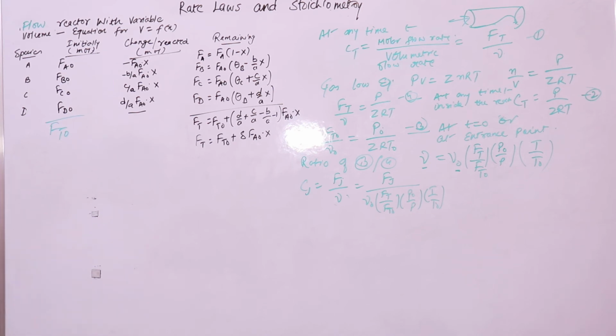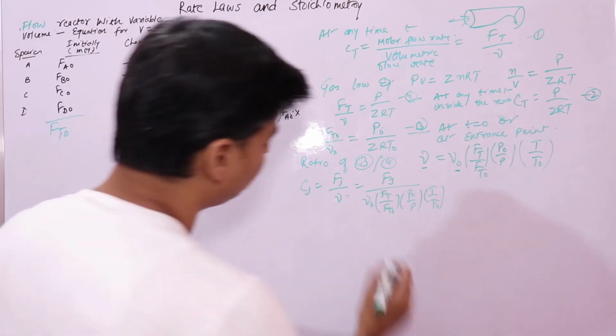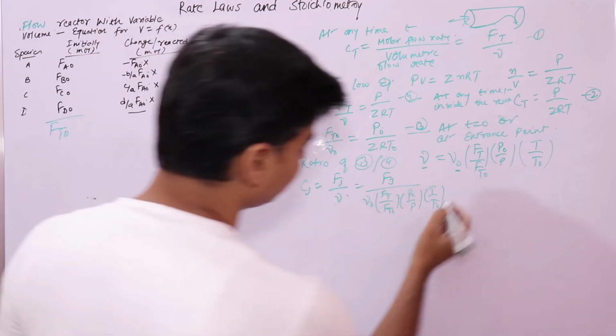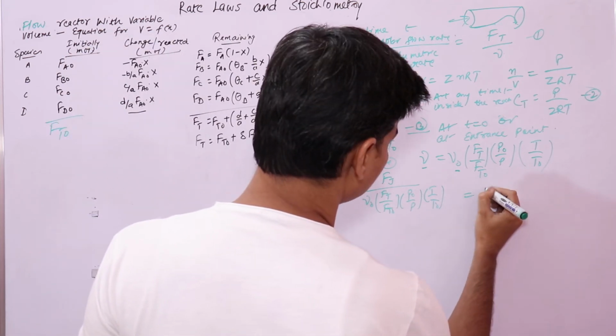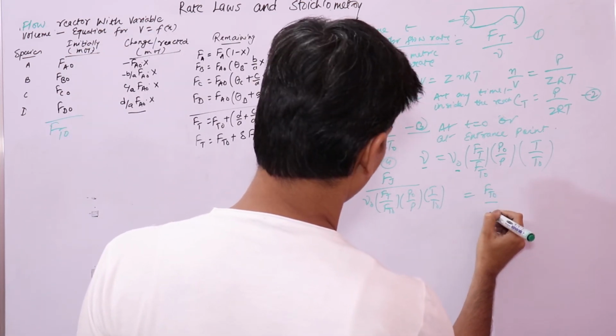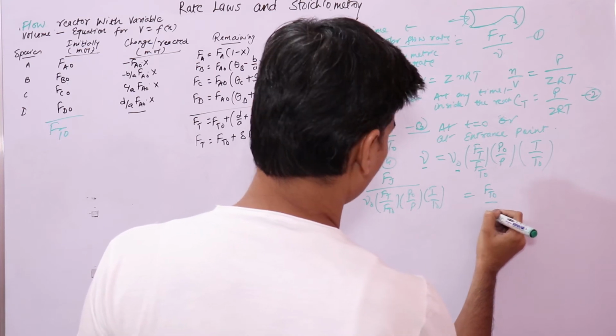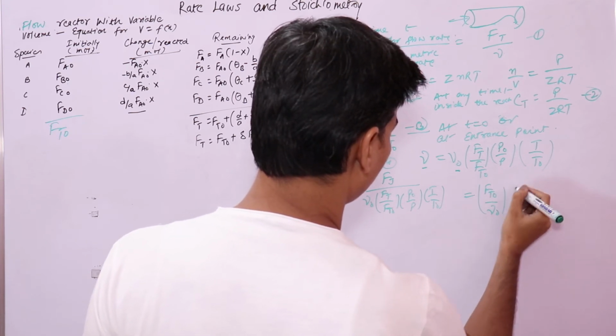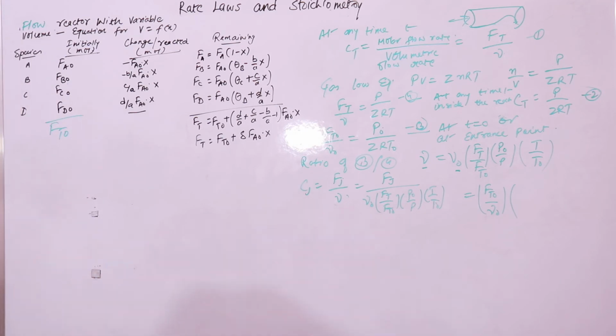Right, so this will solve out to be Ft0 upon nu 0, then P upon P0, T0 upon T, right?